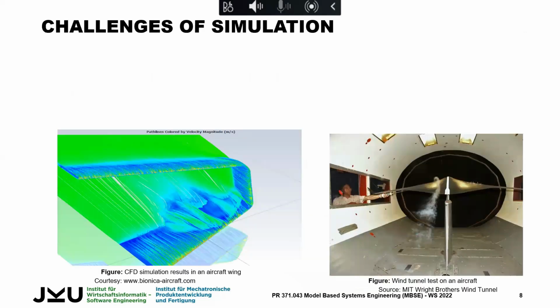Okay, then challenges of simulation. This is one CFD simulation we have done, and this is the wind tunnel test. In the last slide I was talking about the evaluation.